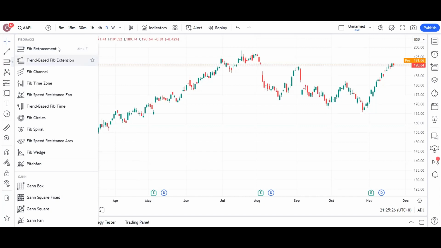Extension I don't need to care about because it's part of the retracement already. They will just plot your 1.618 for you. I don't know whether retracement Fibonacci is considered an indicator, but I just place it as an indicator because it basically helps us draw the levels based on where we pinpoint.